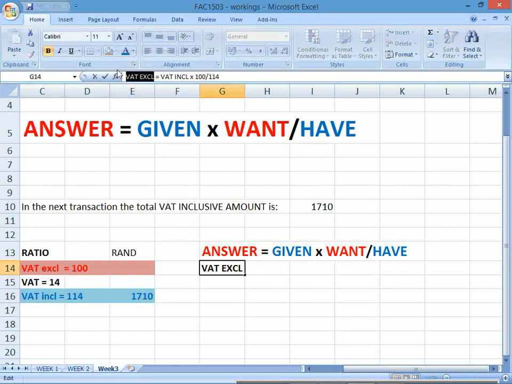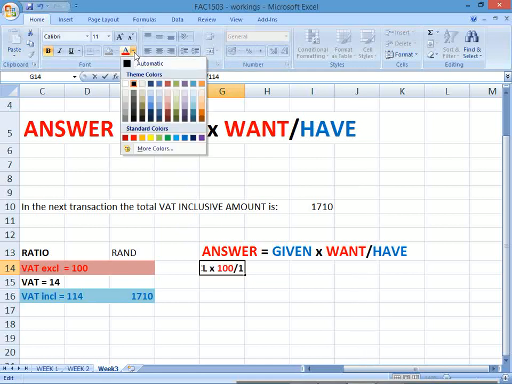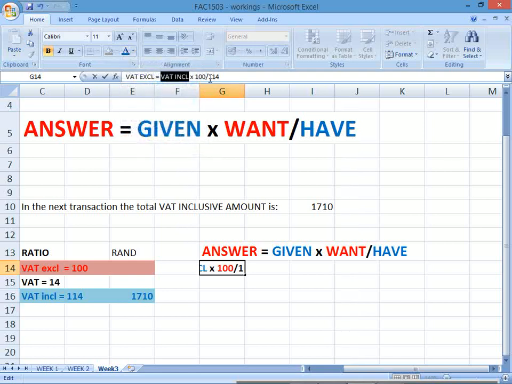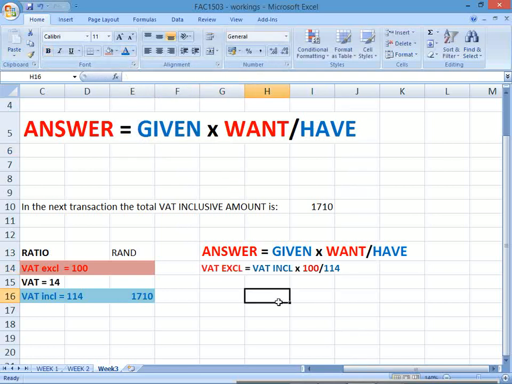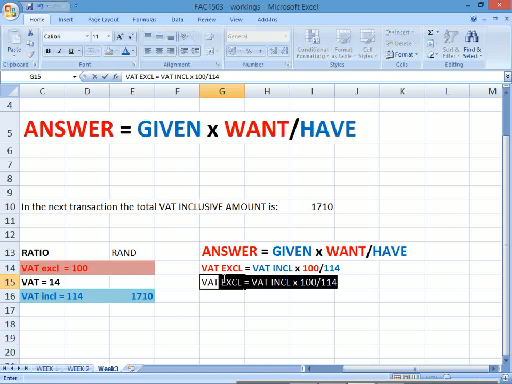This is purely additional, so you don't need this, but if you're struggling with mathematics, then it might make it a little bit easier. So the VAT exclusive is 1710 times 100 divided by 114.